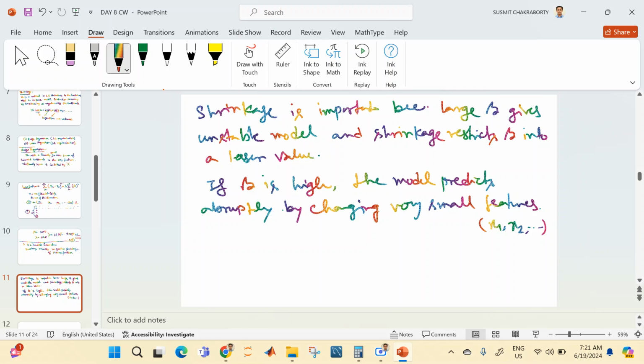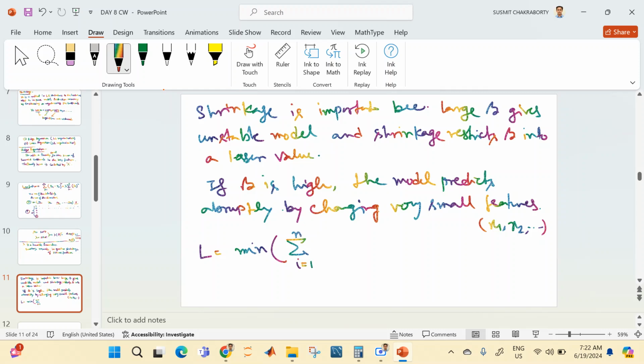So in ridge regression, what is the objective? In ridge regression method, L equals the loss function. Basically, our objective is to minimize this loss function. How to minimize the loss function? Already we have used, right?